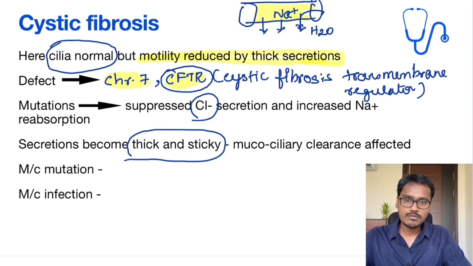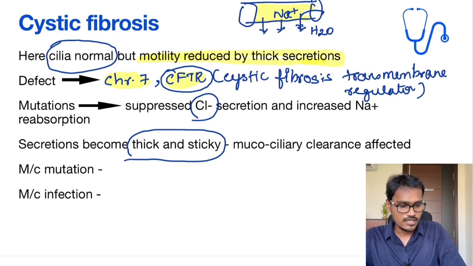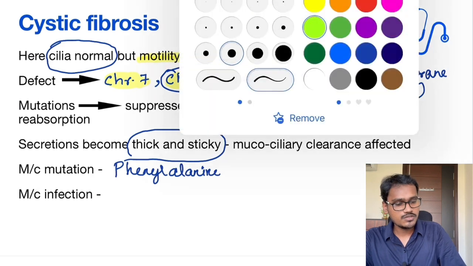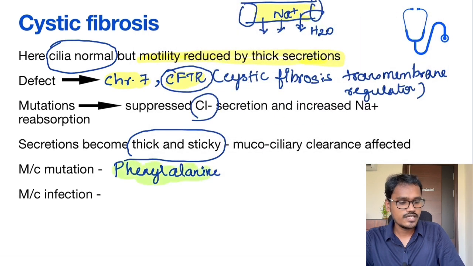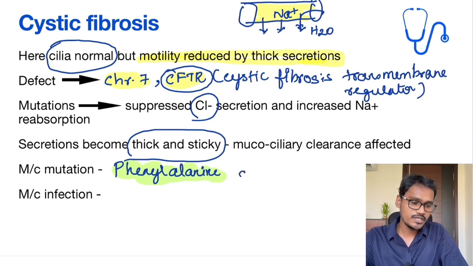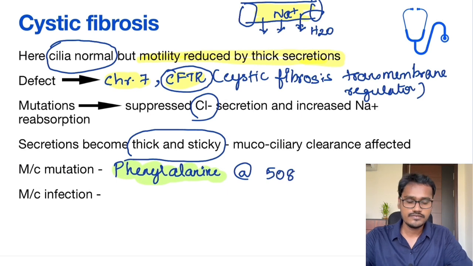And what is the most common mutation? The most common mutation is at a specific amino acid, phenylalanine. This could be one of the potential MCQs for the future. This phenylalanine is particularly affected at position 508.